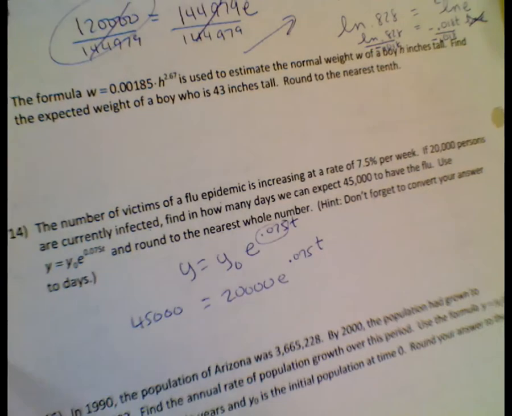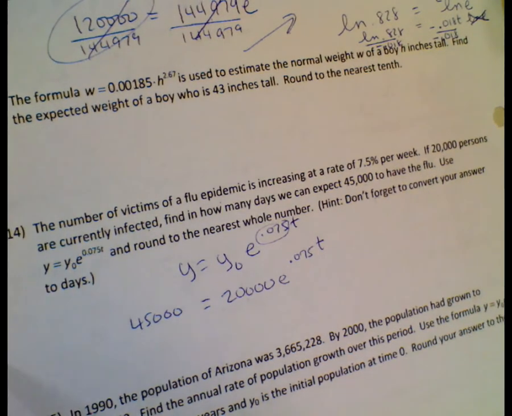This is called, like when they have outbreaks and stuff of measles back in the old days and polio and all that stuff. They could do this formula to figure out how many days. And they said, if we don't get the medicine within so many days, these people are going to die. And this is how many people we're going to be treating. This is how much we're going to need. And they did this by these kind of formulas.